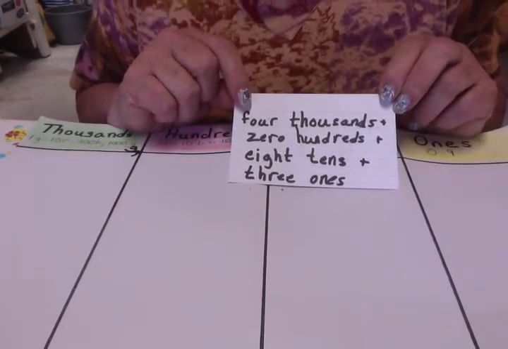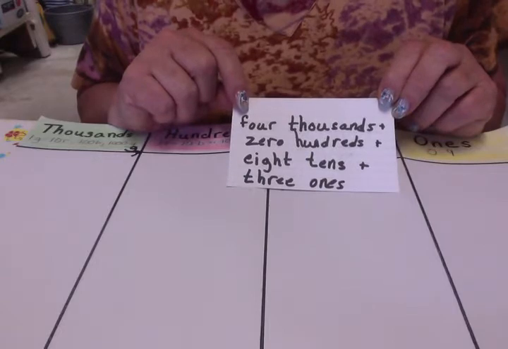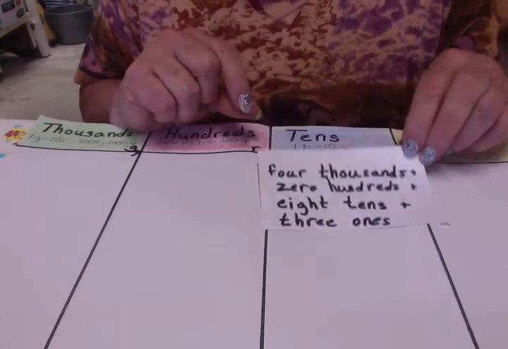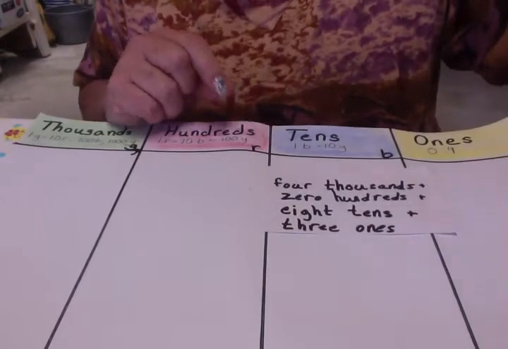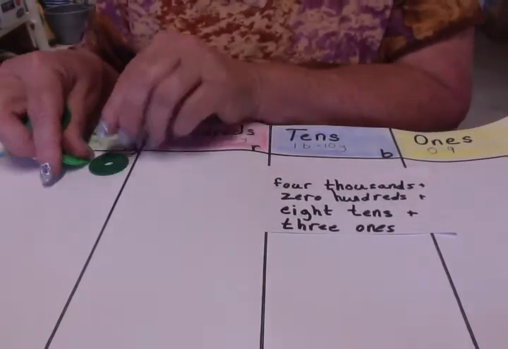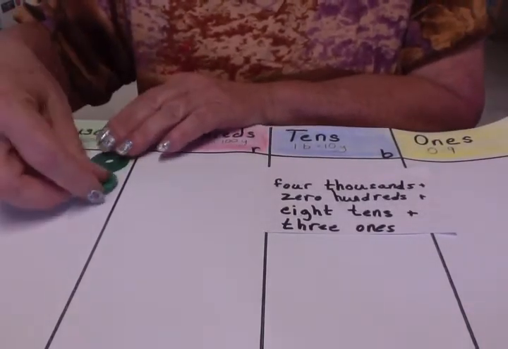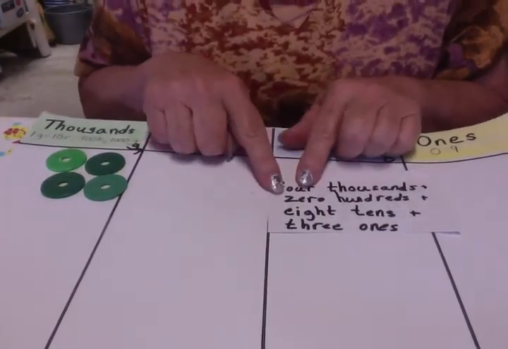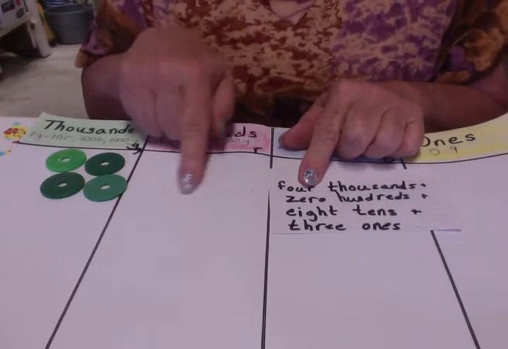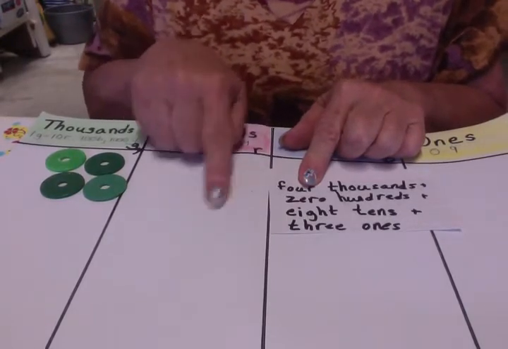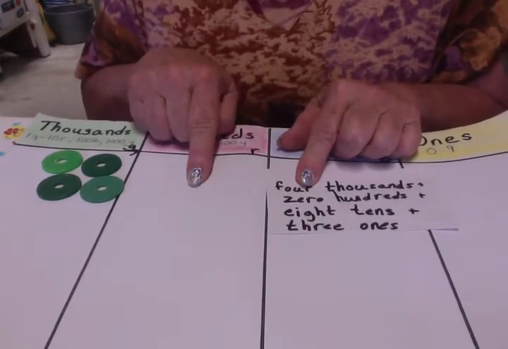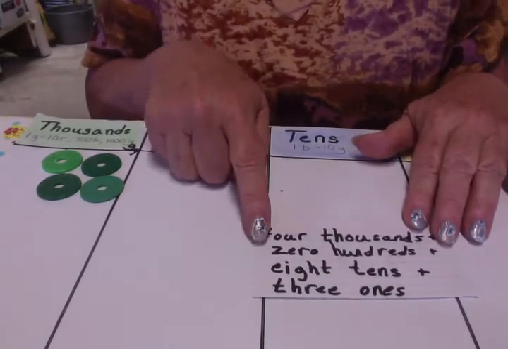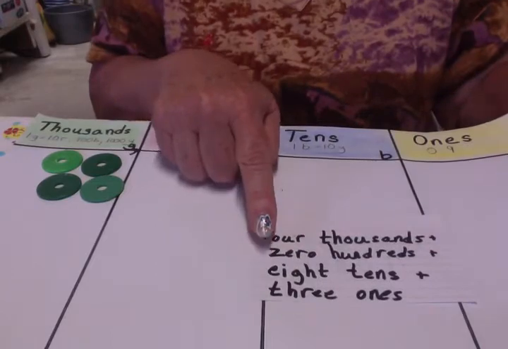So we're going to take and put this on our board. And we have 4,000s. So I'm going to take and put 4 here in the green, because those are my thousands. I have 0 hundreds. So what am I going to put in here? That's right, I'm not going to put anything in there, am I? And I have 8 tens.